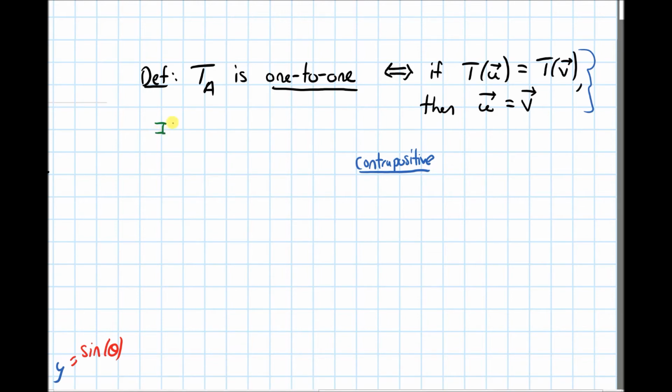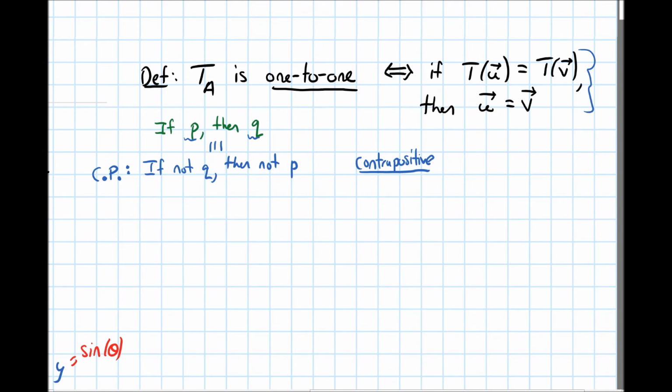If I have an if-then statement that says, if P, then Q, so that's my original statement, the contrapositive, which I'm just going to call CP, is if not Q, then not P. So it switches the order of these two things, and then it negates both of them. It puts a not in front of both of them. But it turns out that these two things are equivalent to each other.